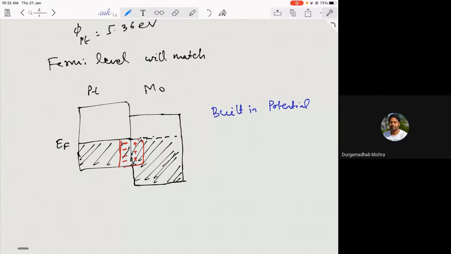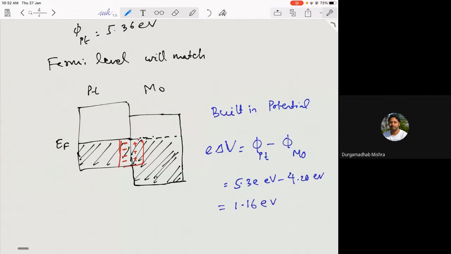And what is the value of this built-in potential? This is nothing but your e delta V, which is the energy difference between your work functions: phi Pt minus phi molybdenum. This will be equal to 5.36 electron volt minus 4.2 electron volt, which is of the order of 1.16 electron volt.